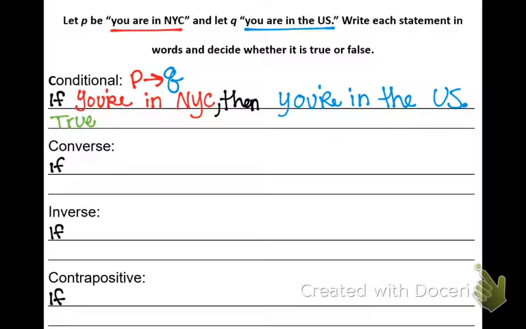All right, the converse, what do we end up doing? Switching like my laces. So the conclusion comes first. The hypothesis is second. So my conclusion is, if you're in the U.S., then what happens?